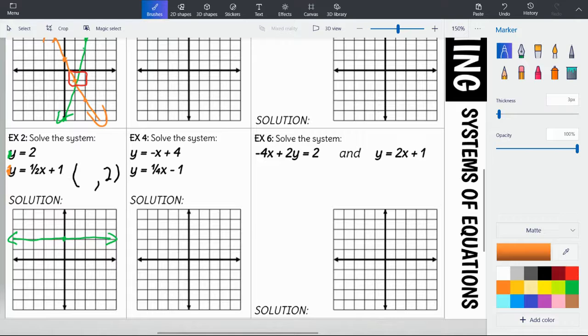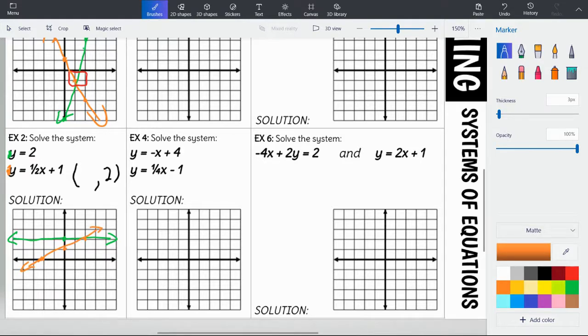Okay, so let's do our second line, our orange line: 1/2 x plus 1. Our b value is 1, and our slope is 1/2. So we go up 1, over 2, or down 1, left 2.